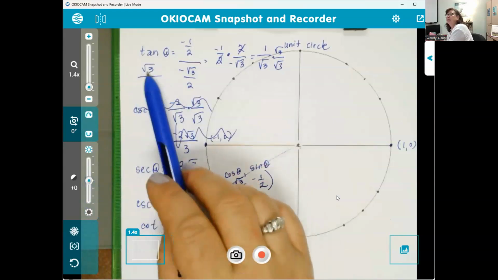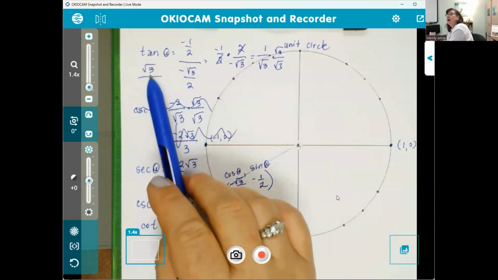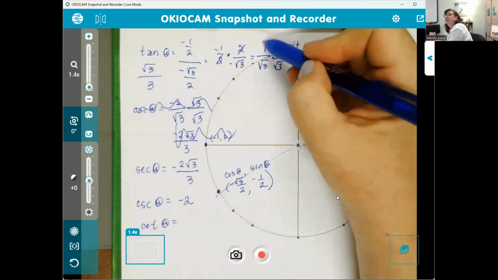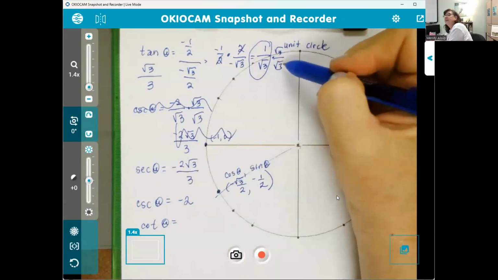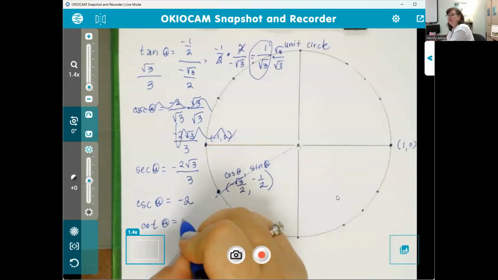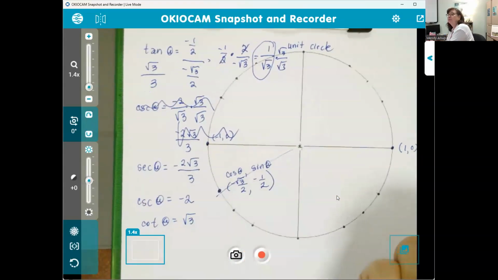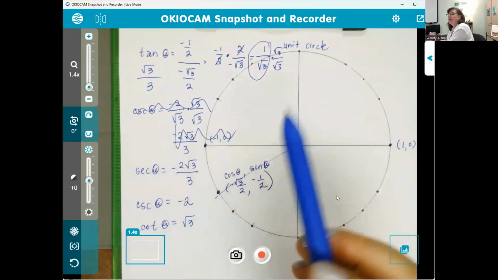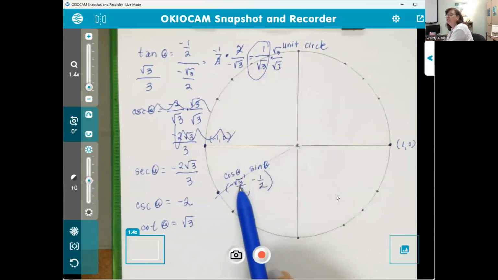You'd have to go through and undo it all again. The tangent was this before we rationalized the denominator. So let's just take the reciprocal of that, and we get a cotangent of root 3 over 1, which is root 3. So if you're on the unit circle, you can just use the fact that the cosine is the x value, sine is the y value.